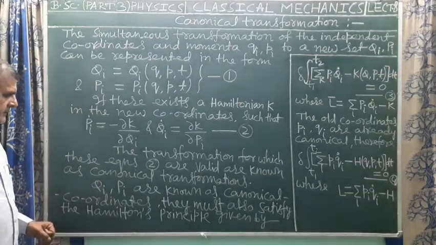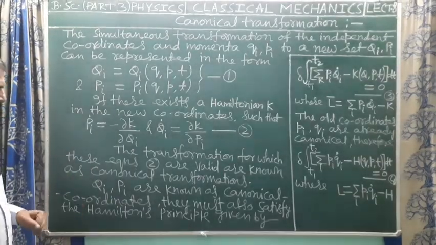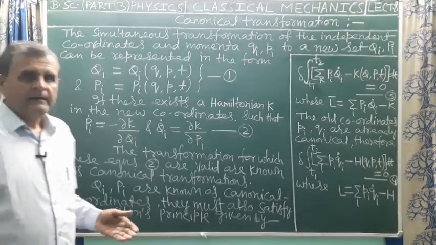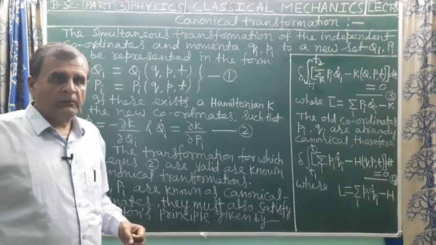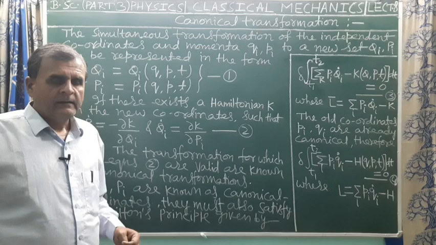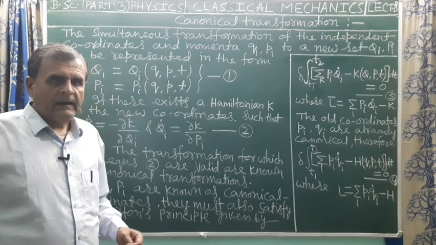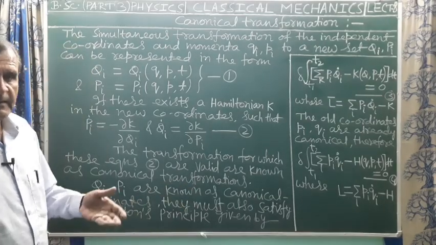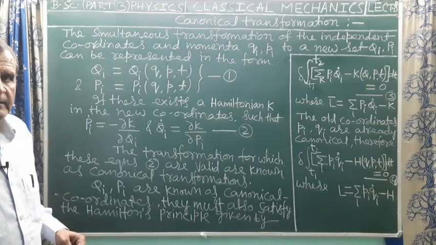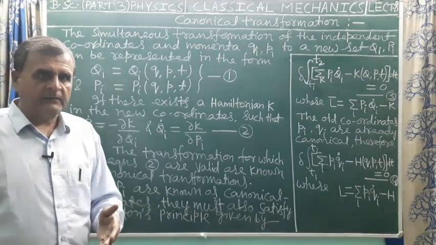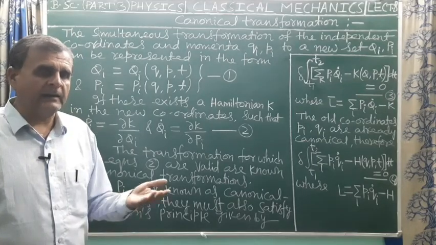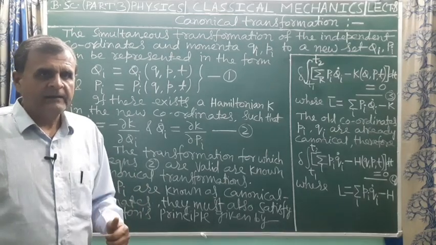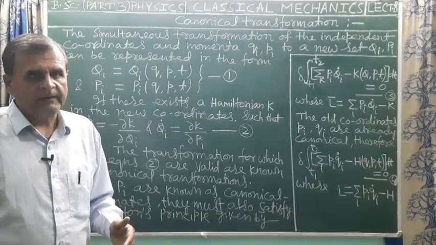They must also satisfy Hamilton's principle, which is given by delta integral T1 to T2 of L dt equals 0, where the integral from T1 to T2 of L dt is the time integral of the Lagrangian.